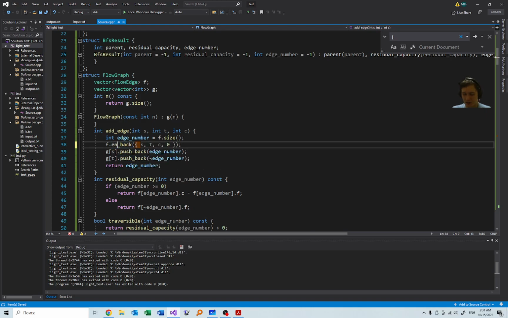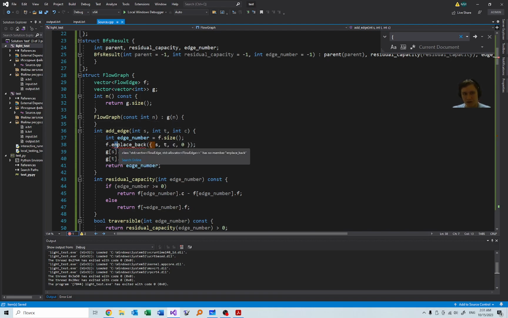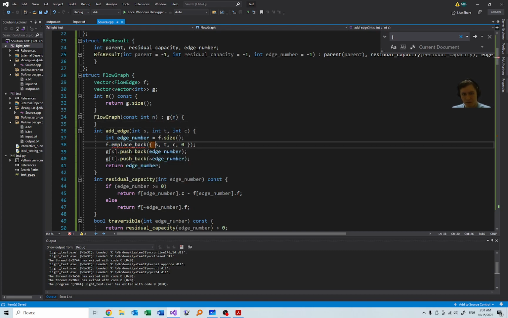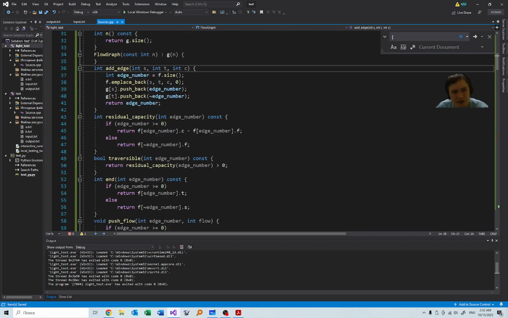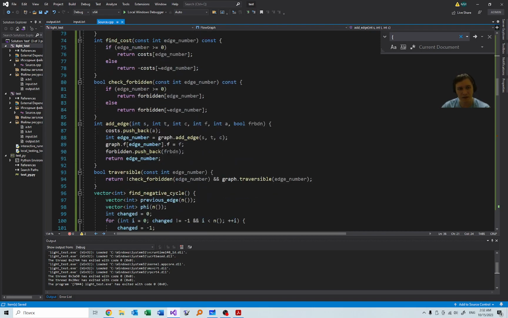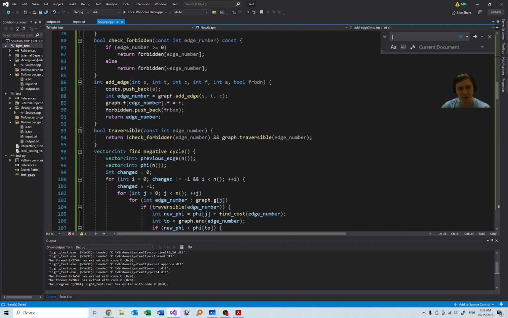Now I can use emplace_back because there is a constructor with this signature. This is kind of C++14, but I'm really raging that there is no C++11 and I have to spend time on this.